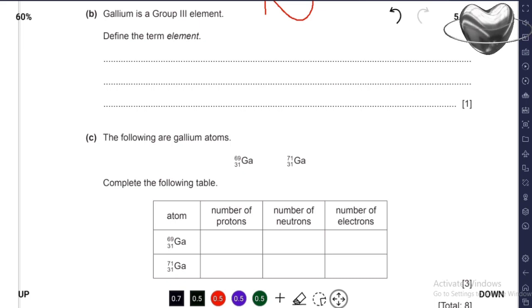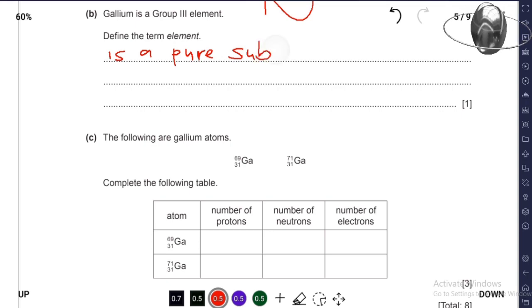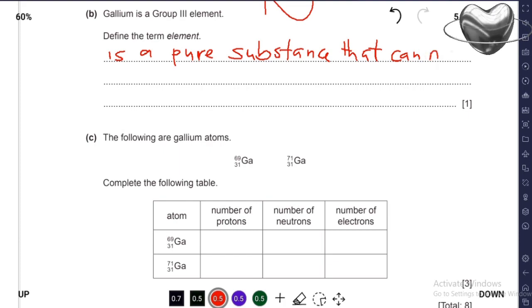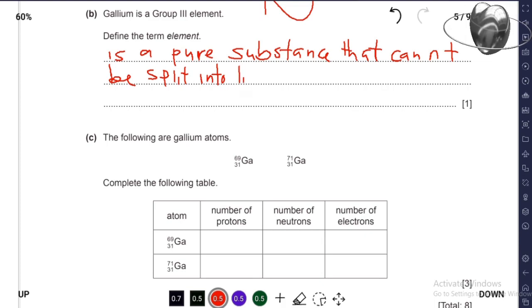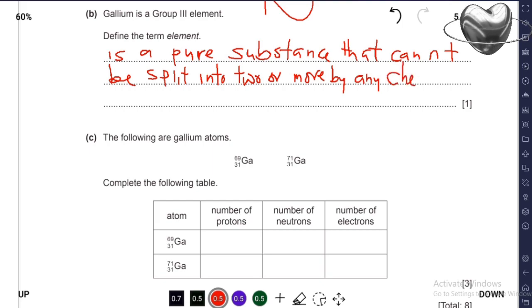My dear learners, an element is a pure substance that cannot be split into two or more by any chemical means.